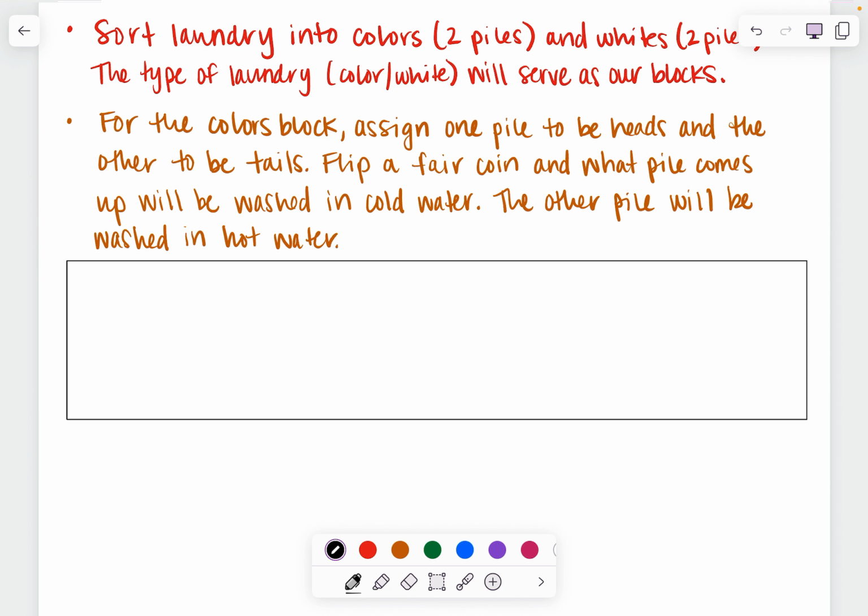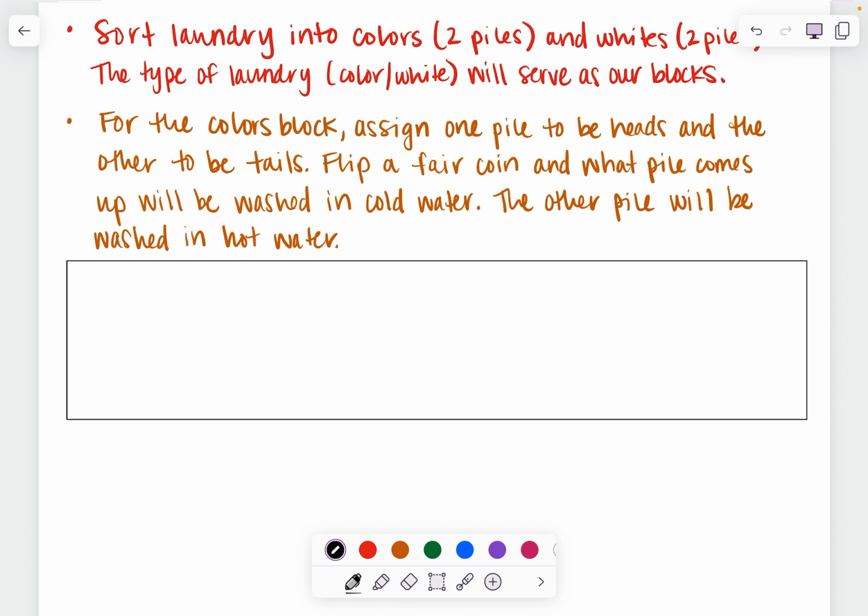You could say 1 is going to be cold water, 2 is going to be hot water. The random number generator is picking a number from 1 to 2, and that would still work the same way. So I just flipped a coin. I said assign 1 pile to be heads, the other to be tails. Flip a fair coin, and the pile that comes up will be washed in cold water. The other pile will be washed in hot water.